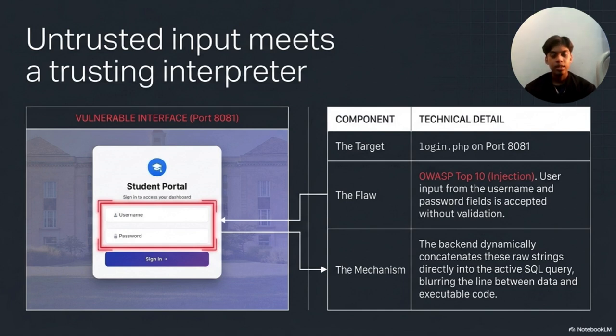The backend then directly concatenates the user input into an SQL query. As a result, the database cannot distinguish between legitimate data and malicious SQL commands. This allows attackers to manipulate the query logic, potentially bypass authentication and gain unauthorized access to the system.